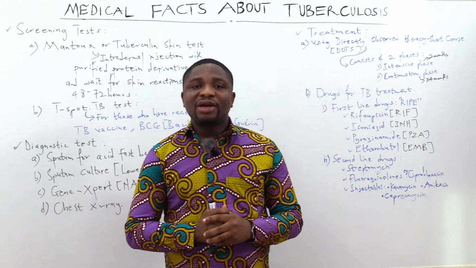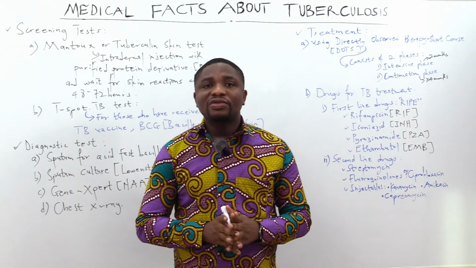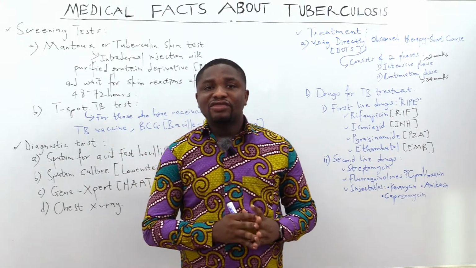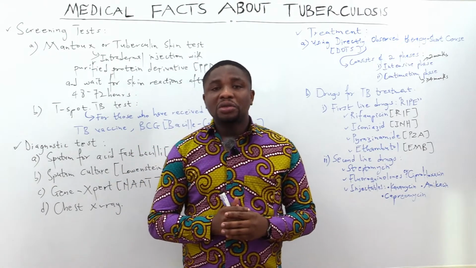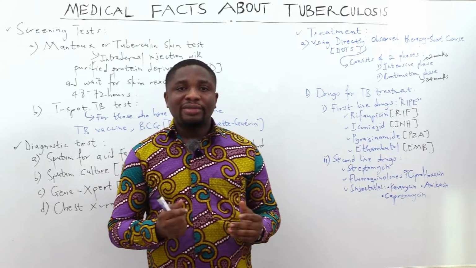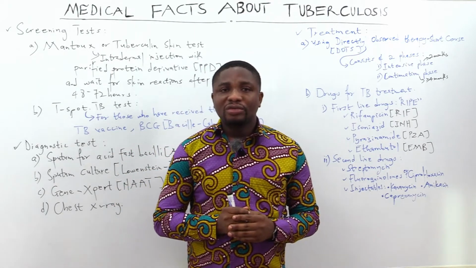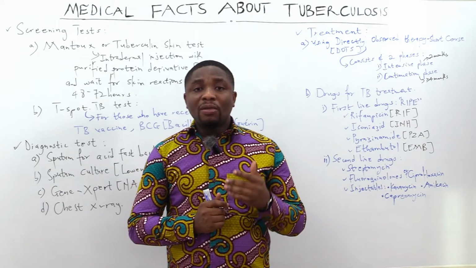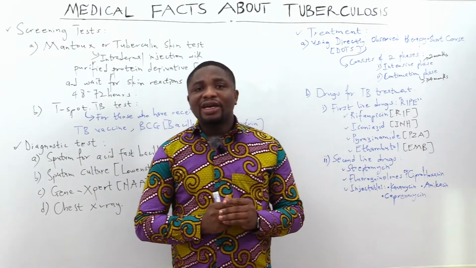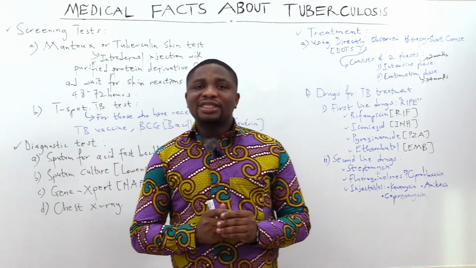So those are the drugs that are used for the treatment of TB. But mostly the first line drugs will go first. And there could be resistance to these medications, which we will talk about in another video, where we'll be talking about drug resistant TB, multi-drug resistant TB, and extensively drug resistant TB.